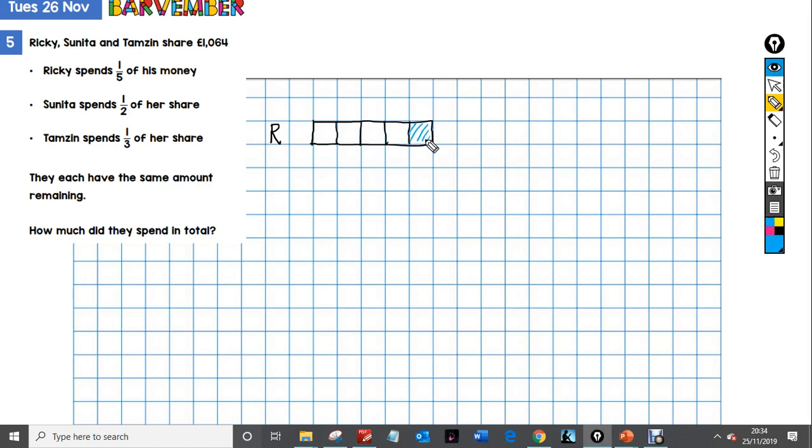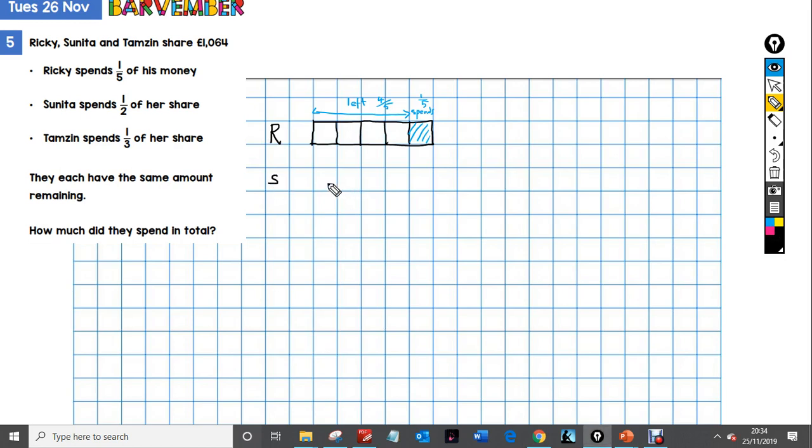So this is what he spends, and this bit is what is left, which happens to be 4/5. Spent 1/5.